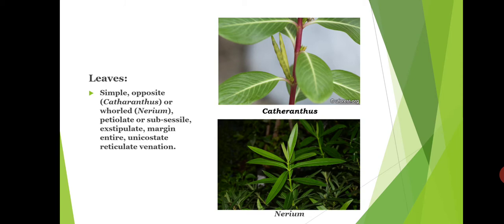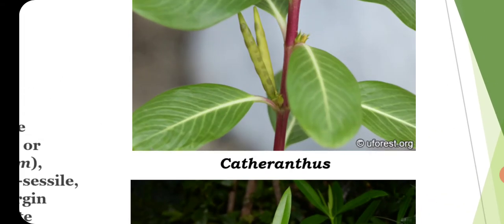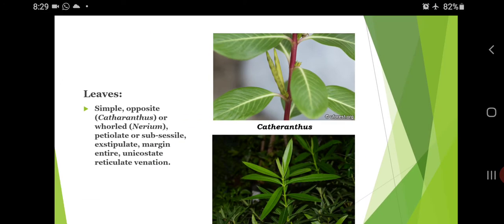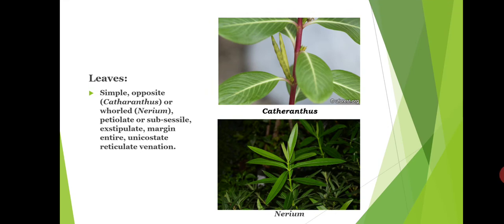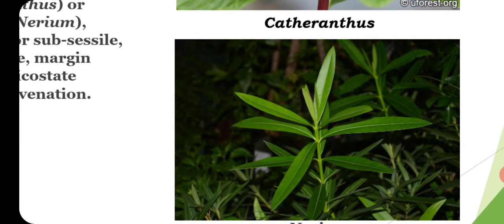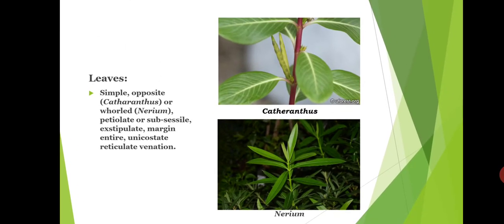Here we can see this decussate pattern, at right angles to each other at each node. In Nerium, the phyllotaxy is whorled, that is, more than two leaves emerge from the node. The leaves have a well-defined petiole, so they are petiolate or subsessile.